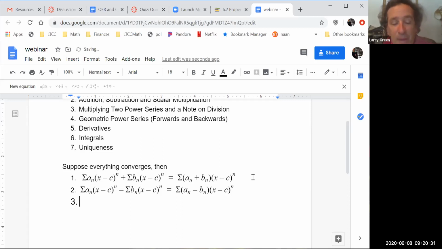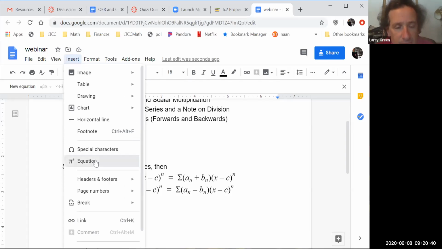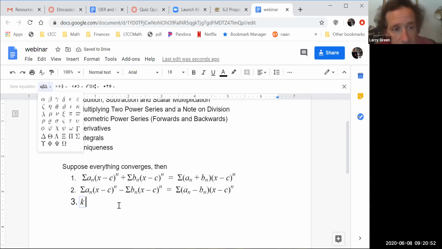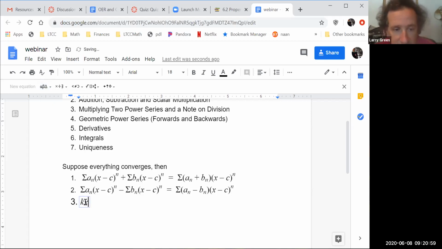Okay, then there's scalar multiplication. And I'm going to do kind of a double scalar multiplication just for fun. And that is if you have some constant, how about k? And k is a good constant. And then some x to the, again, x to the, how about q?